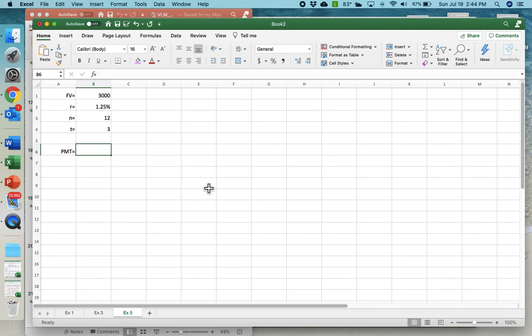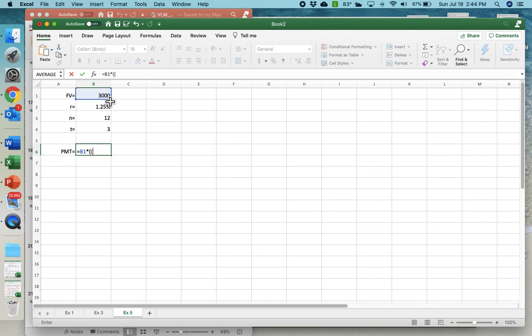3. So we were trying to find how much the payment would be if we want a future value of $3,000 at a rate of 1.25%, compounded 12 times a year, over 3 years. So equals your future value times, we need a parentheses around everything we're getting ready to do that we're multiplying by the future value.